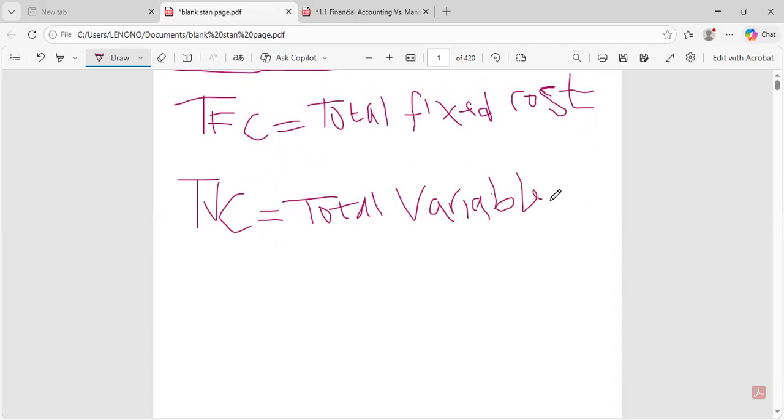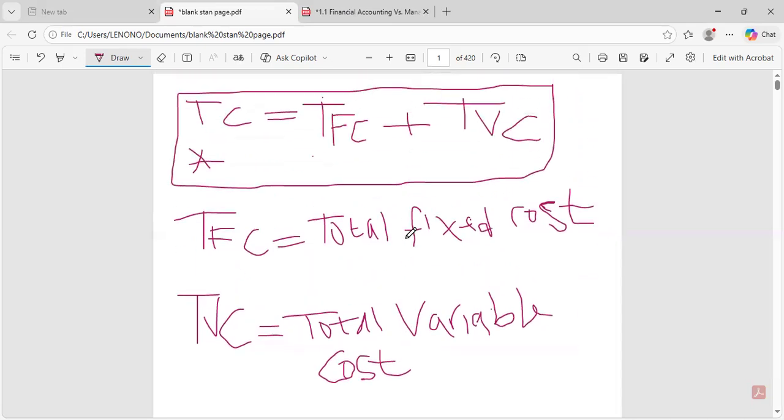All right, so this is the aspect of the total variable cost and total fixed cost.